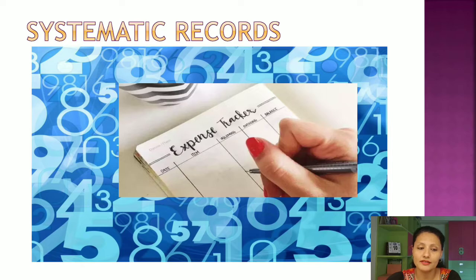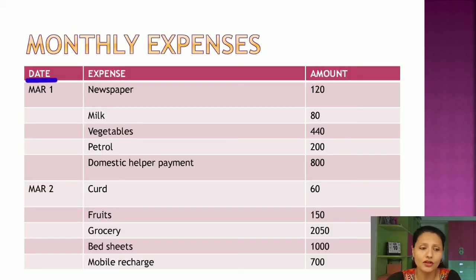If they record it in a systematic manner, maybe they take up a diary or notebook and pen down each day whatever they are spending. In that case, it might look something like this. It might have a date column, an expense head column, and an amount column. The March 1st details are like newspaper, milk, vegetables, domestic help payment, and so forth. So this gives us a ready reckoner.